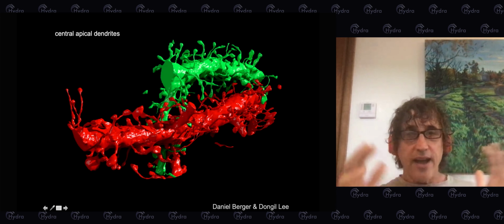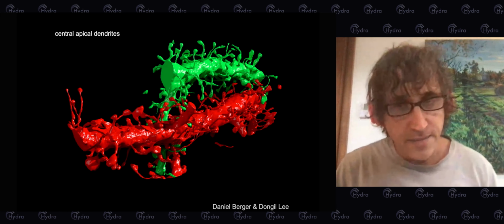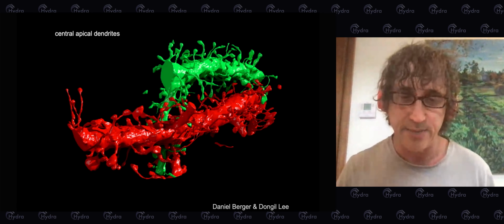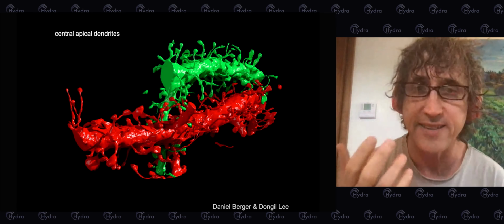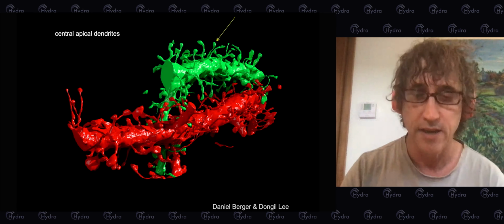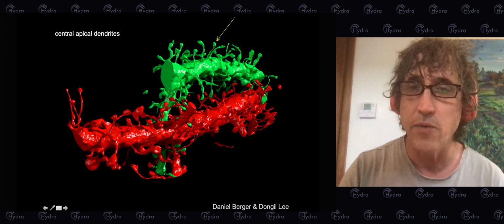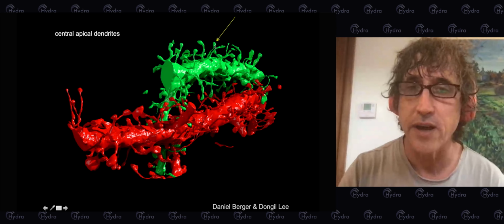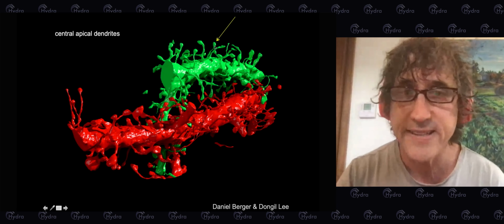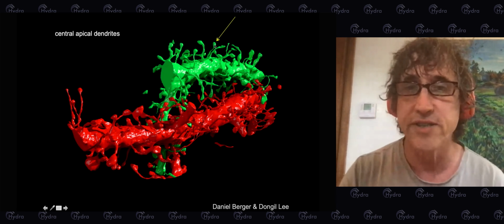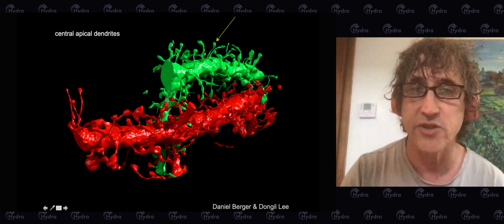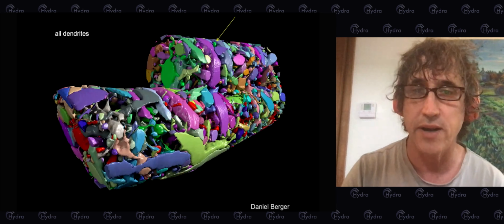And they look pretty nice sitting in space, but in your brain, they're not sitting by themselves. So what you see here, each one where you see the yellow pointer, this is actually one of those dendritic spines that connects to another neuron.